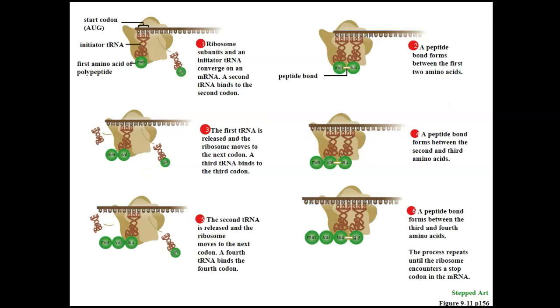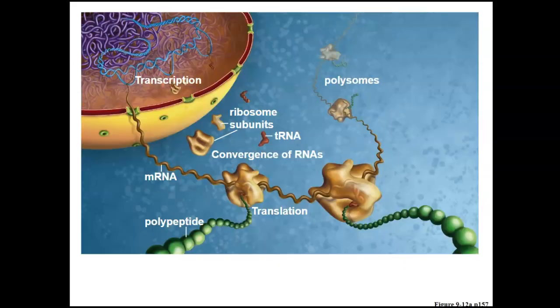This is just some step art to try to help you kind of visualize the process. I think the videos are maybe more helpful, but this is a diagram from your book. And this is a diagram similar to the one that you were asked to make some sense of for yourself. So transcription happening in here at DNA genes, copying single-stranded messenger RNAs, which then get edited.